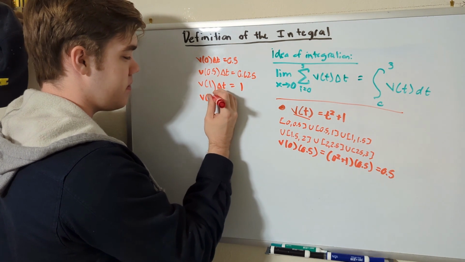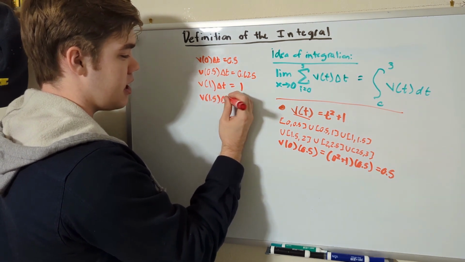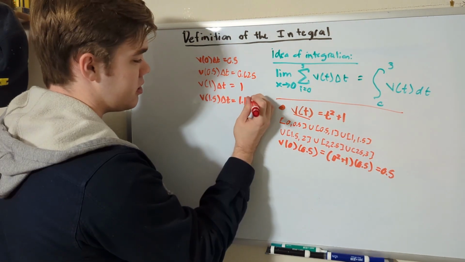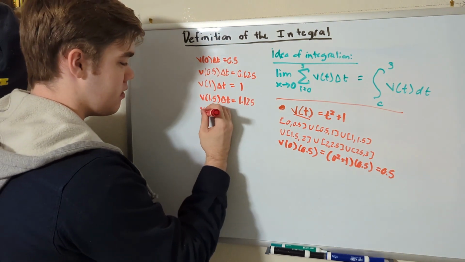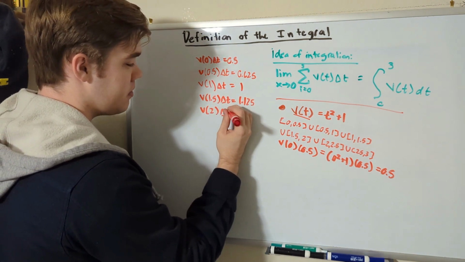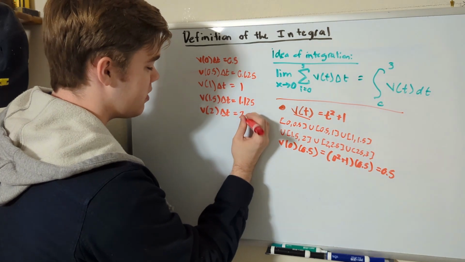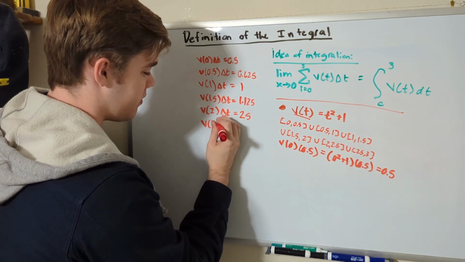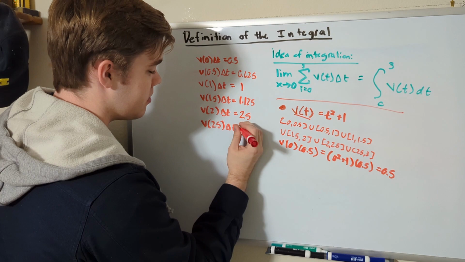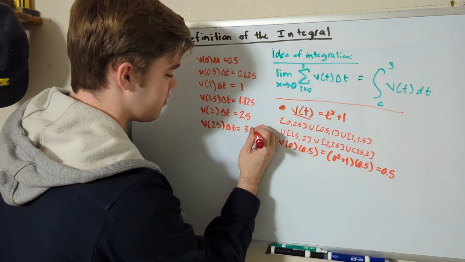V of 1.5 times the change in time is equal to 1.125. V of 2 times the change in time is equal to 2.5. And V of 2.5 times the change in time is equal to 3.625.